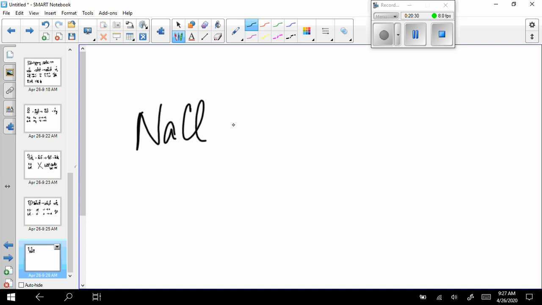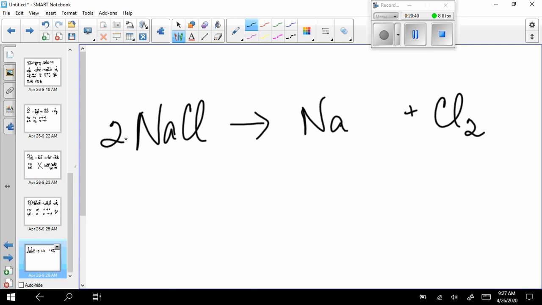Let's start with salt. And I want to break salt down into sodium and chlorine. And again, it's diatomic, so that's why I had to put the 2 there. So I go back over here and put a 2 there, and that gives me 2 Nas. Okay, this is a 0. This is a 0 because they're alone. And this is a +1, and this is a -1.